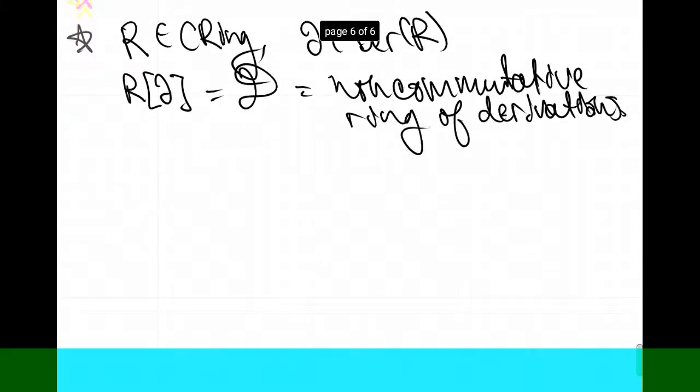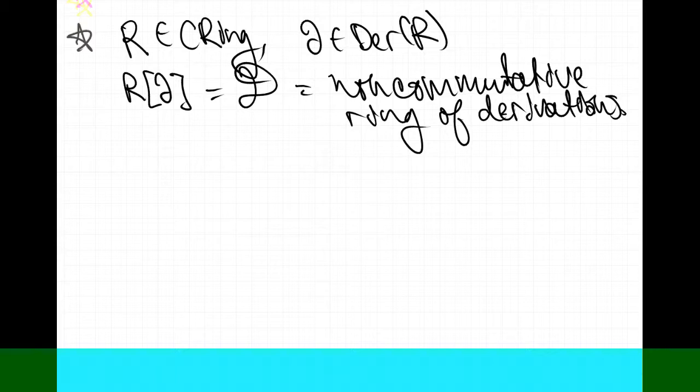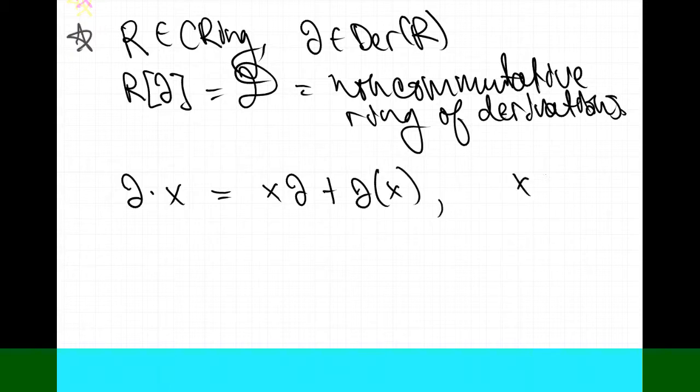Okay, so why is this weird? Well, here d times x: you have to actually look at how you, so x you kind of think of as a multiplication operator. So in this ring, this actually becomes x times d plus the derivative applied to x, for x in R. This is how you commute these two things.